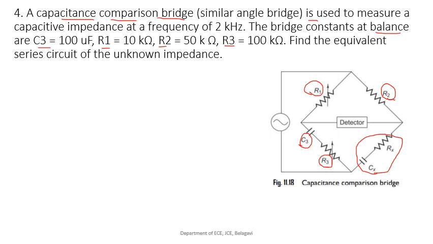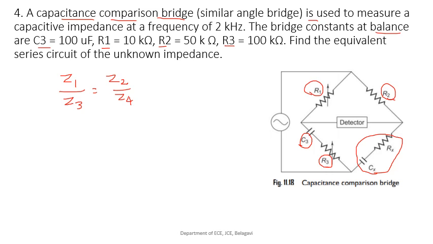Again, the normal equation for balance will be Z1 by Z3 is equal to Z2 by Z4. I am not writing R1 because it is an AC bridge; normally in AC bridges you write impedance. So this is the first equation.